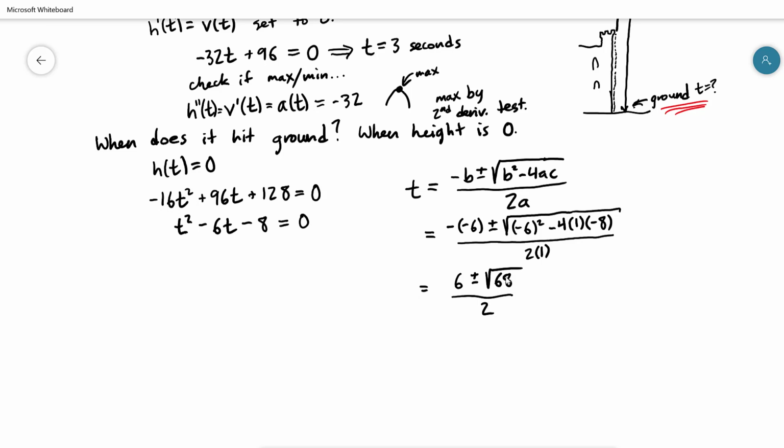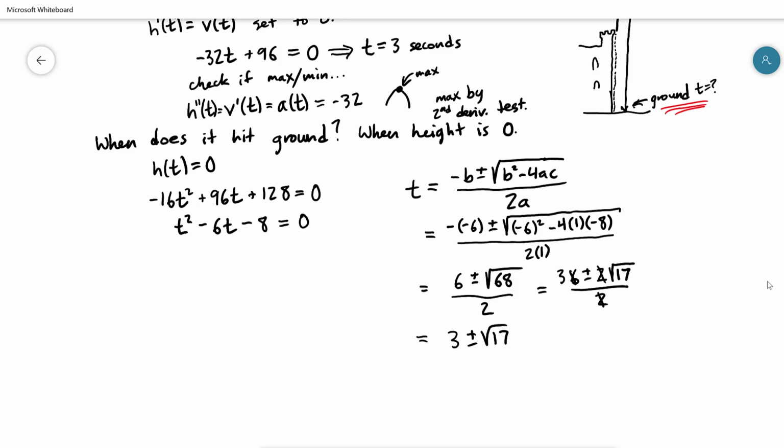It turns out this is divisible by 4. We can pull that factor of 4 out, and it's going to be 17, I guess. So 6 plus or minus, pulling that factor of 4 out, outside of the radical, it becomes a 2. So 2 root 17 over 2. Cancel the 2's, and we will get 3 plus or minus the square root of 17.